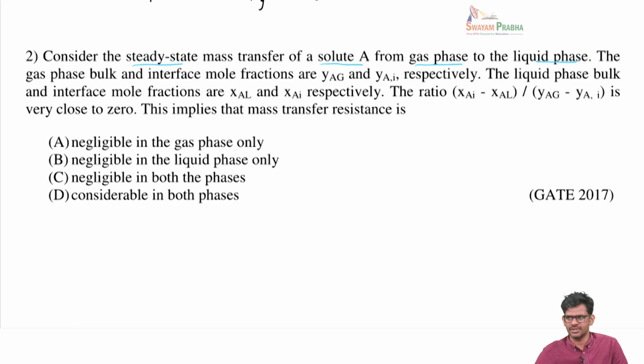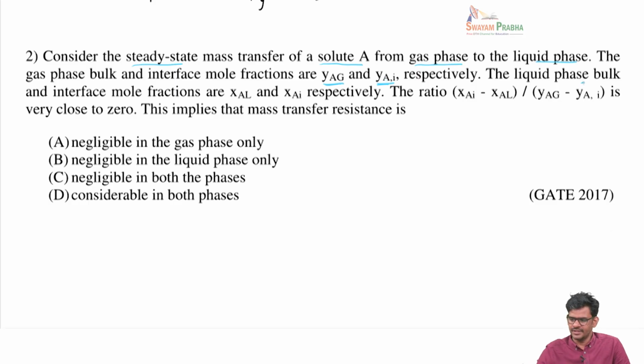Again, more like an absorption problem. It also tells the direction: it's going from gas to liquid. They have also given the mole fraction of the species in the gas phase at the bulk as well as at the interface, same notation that we used in our lecture: YAG, YAI. A referring to the solute, G referring to gas bulk, I referring to interface.